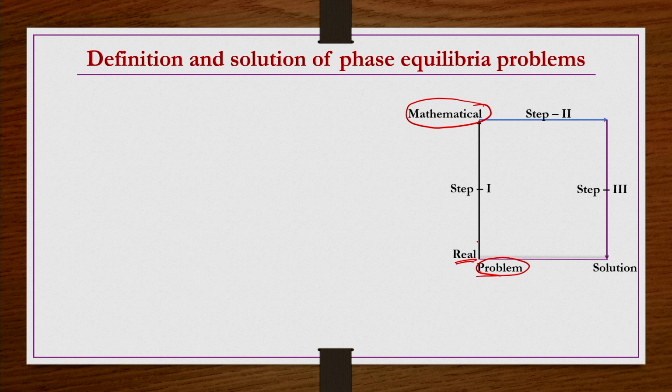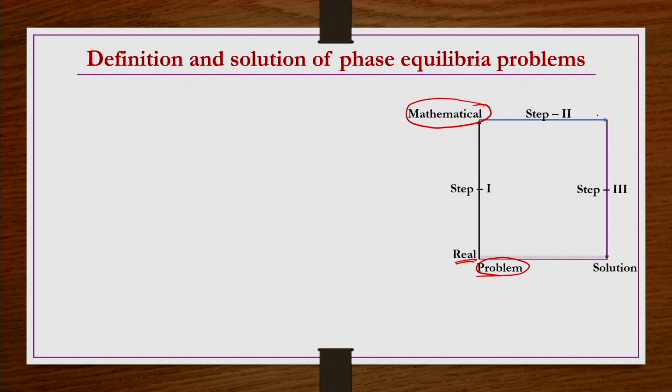Then once you find the appropriate mathematical form or function of the real life problem, we have to find the solution of that mathematical problem. First, the real life problem we convert into a mathematical problem by using proper mathematical functions. Then for those mathematical problems we find their solutions, right.